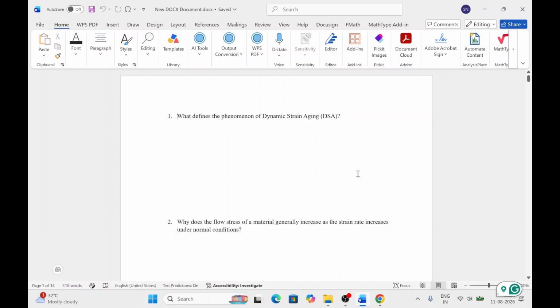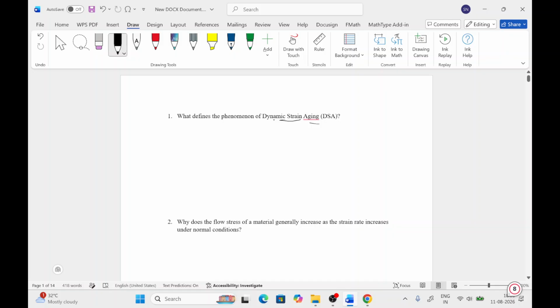So the first question is: what defines the phenomenon of dynamic strain aging? Dynamic strain aging is like in the stress strain diagram, when we load a sample, unload it, and keep it for some days or weeks or months, and then reload it.